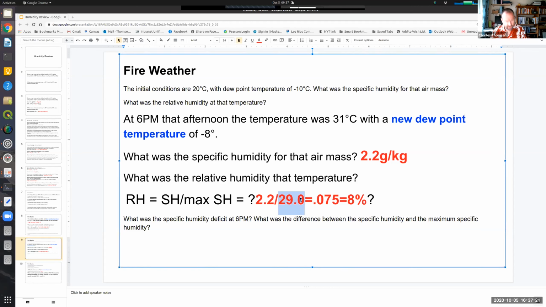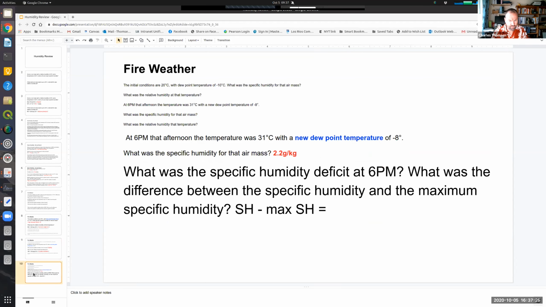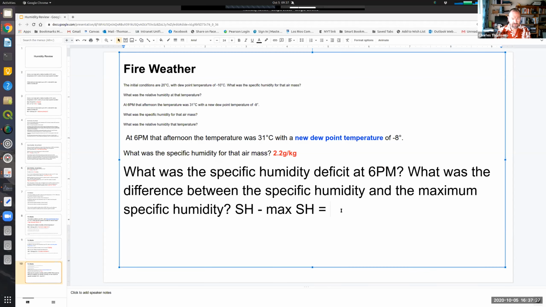Specific humidity deficit equals, oh, now it's the other way around. It's max minus specific humidity. So the max is at 31 Celsius, right?